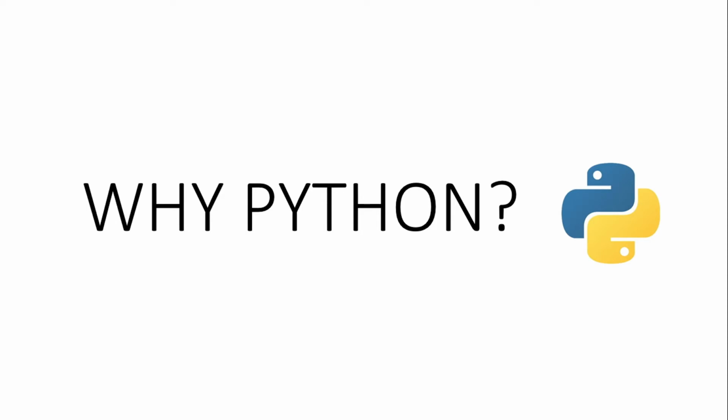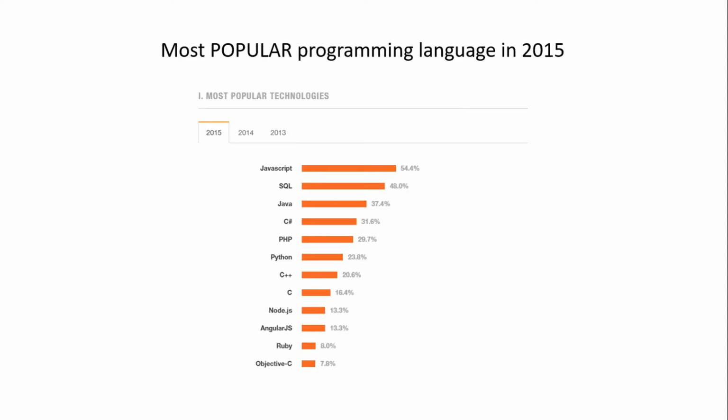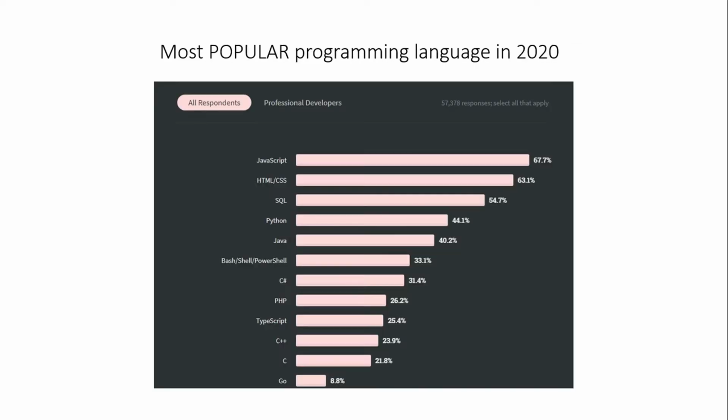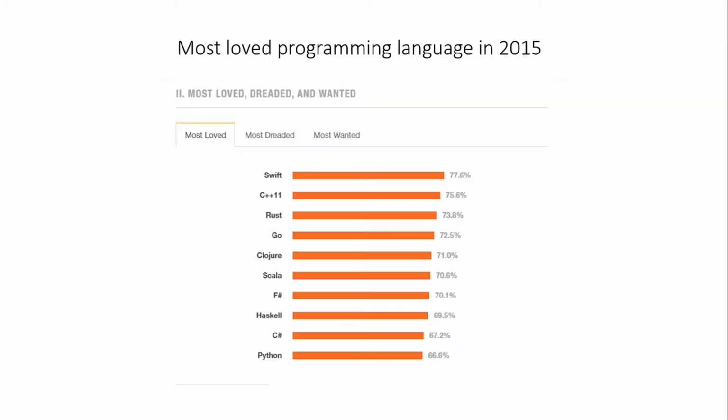Okay, so moving on. Python was ranked at number 6 in 2015 for the most popular programming language, whereas in 2020, Python ranked at number 4. And similarly, in 2015, for the most loved programming language, Python ranked number 10.